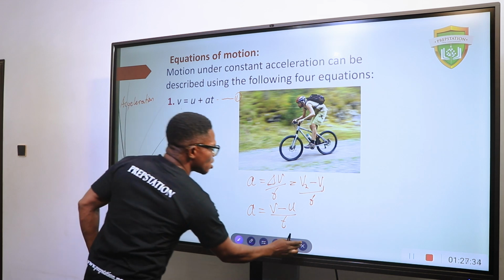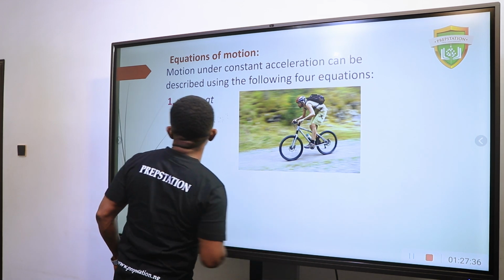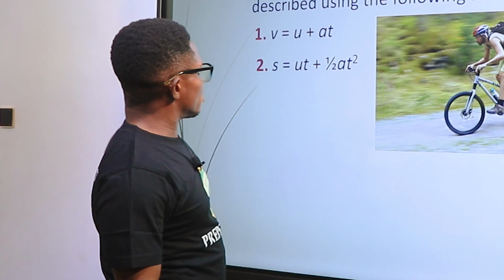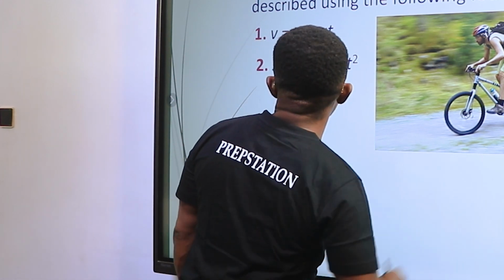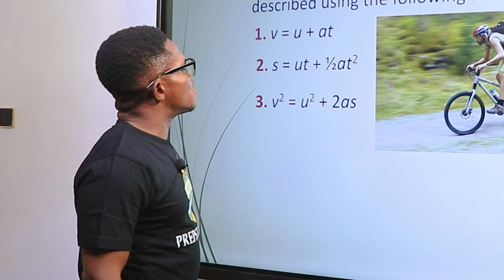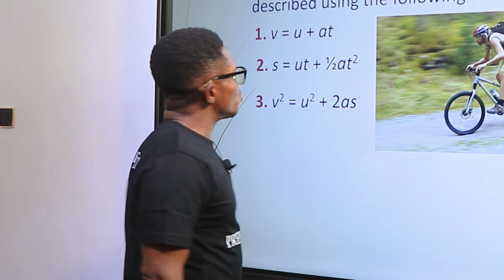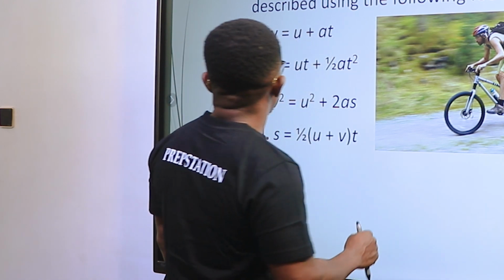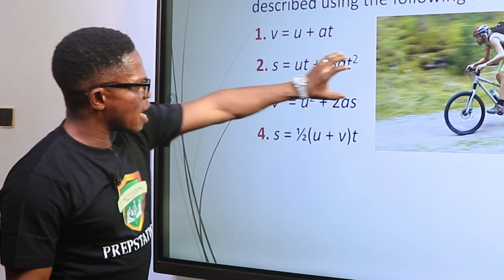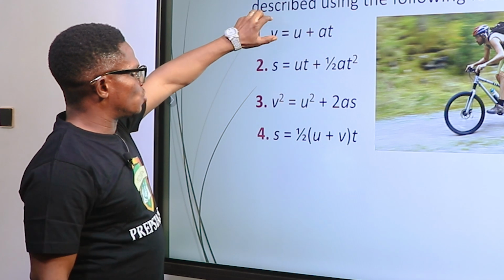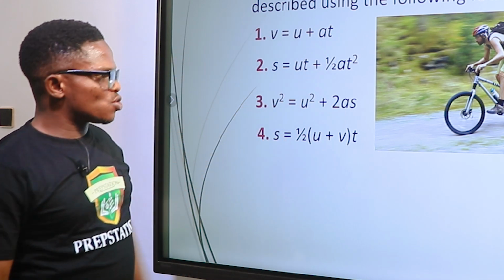Now, the second equation of motion is S is equal to UT plus half AT squared. And then the third is V squared is equal to U squared plus 2AS. And then the last one. We can use this last one to derive these two by substituting equation 1 into this.